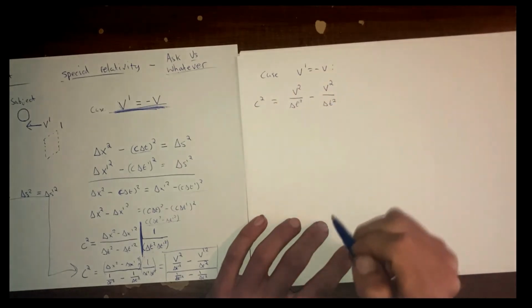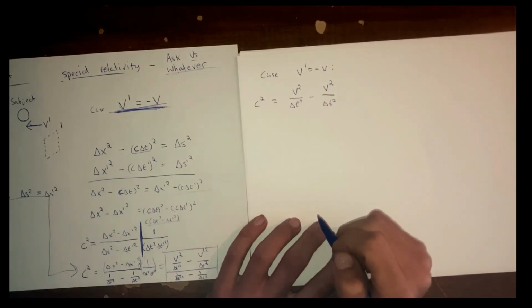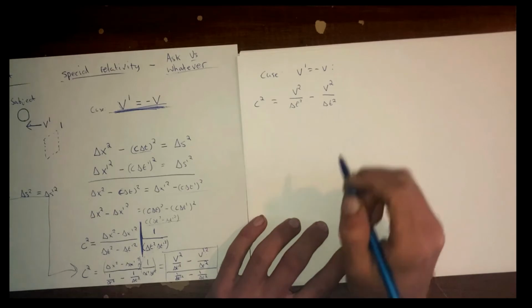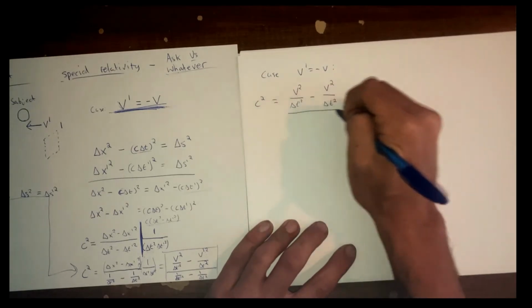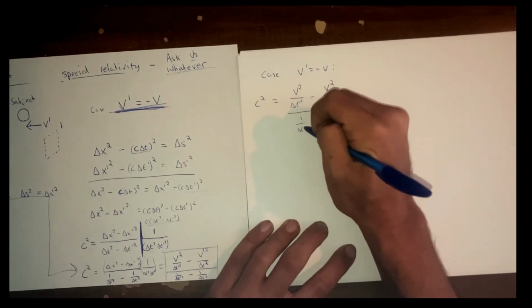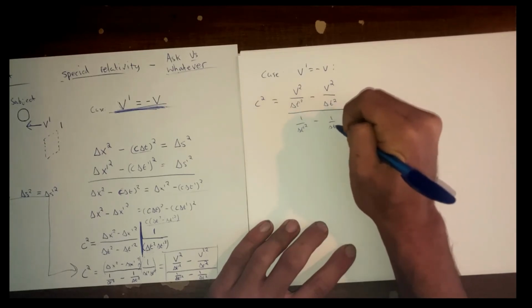Now we have all that still over 1 over delta t prime squared minus 1 over delta t squared.